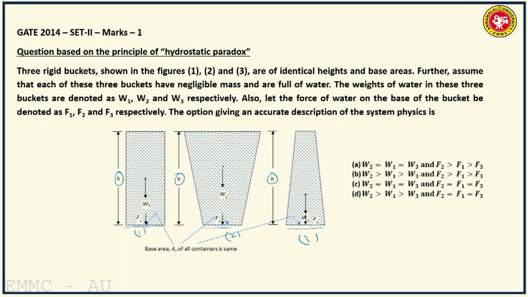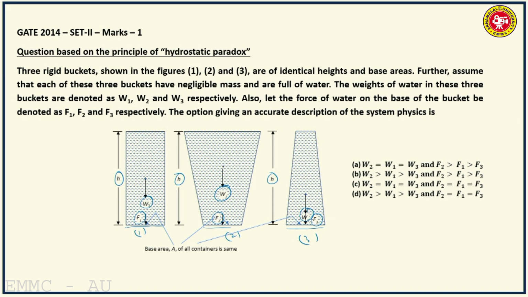Further, assume that these 3 buckets have negligible mass and are full of water. The weights of water in these 3 buckets are denoted as W1, W2 and then W3. Also, let the force of water at the base of the bucket be denoted as F1, F2 and then F3.